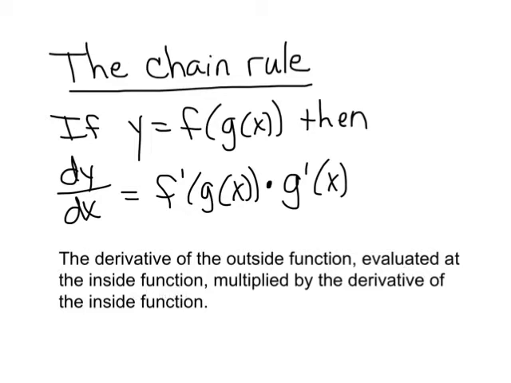It's not the derivative of the outside function with its variable. And then after you find the derivative of the outside evaluated at the inside, you multiply by the derivative of the inside function. It's a little difficult to explain in words, so the best way to show this is to do some examples.